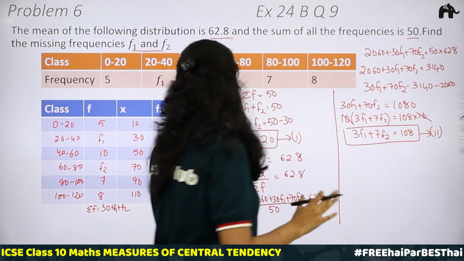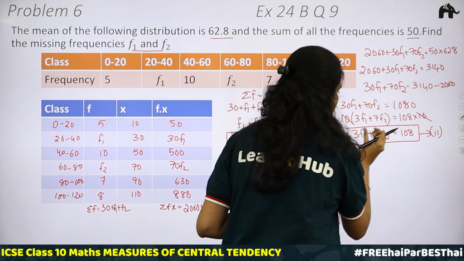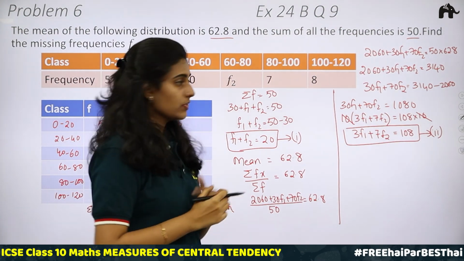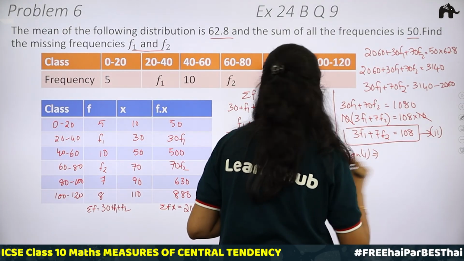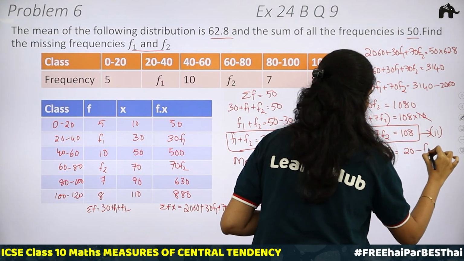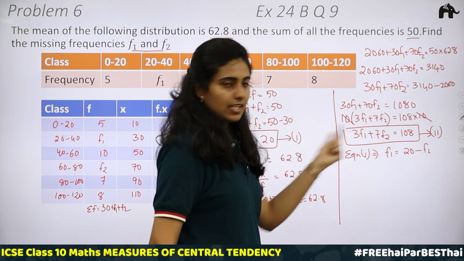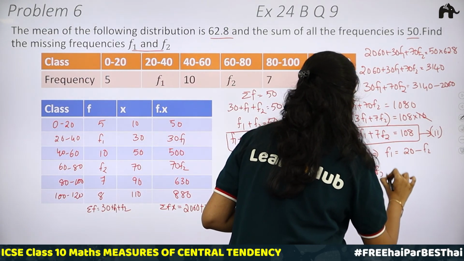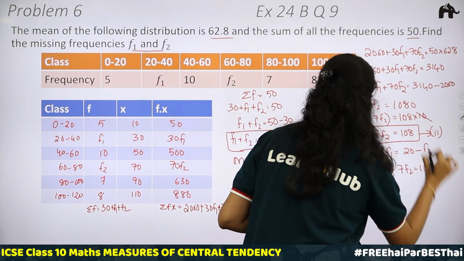Okay. Now on comparing the first equation, F1 plus F2 is equal to 20 and the second equation 3F1 plus 7F2 is equal to 108, we can find the values of F1 and F2. From equation 1, you will be having F1 is equal to 20 minus F2. Now substituting this F1 value in the second equation, 3 into 20 minus F2 plus 7 F2 is equal to 108.